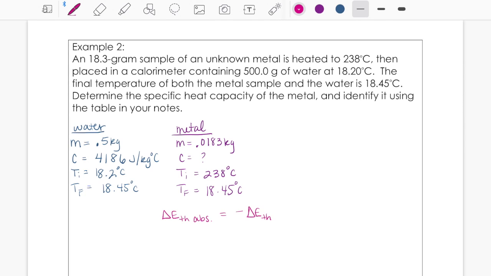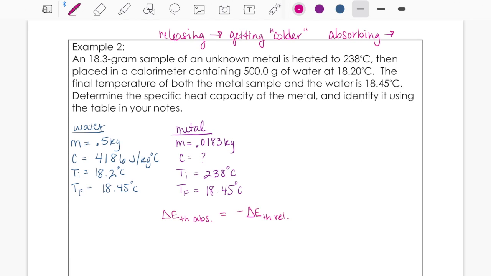Remember that for the equation, we have a change in thermal energy of the absorbed substance is equal to negative the thermal energy change of the releasing substance. So we have to determine which one is releasing energy and which one is absorbing energy. The one that is releasing is going to be getting colder, or the temperature is going to drop.